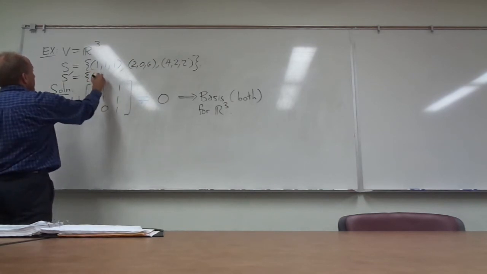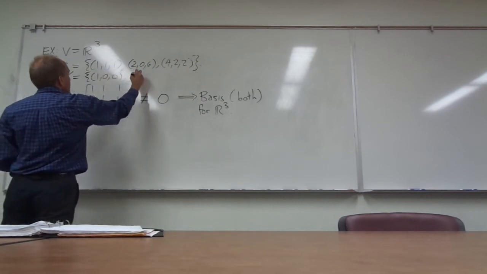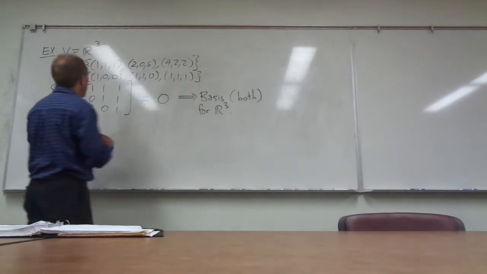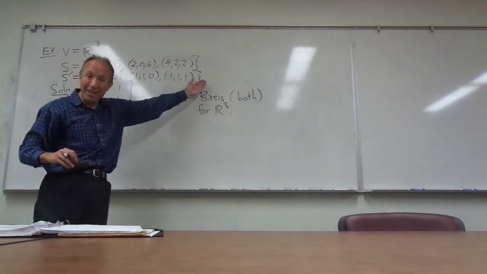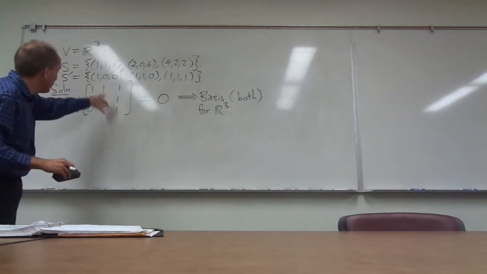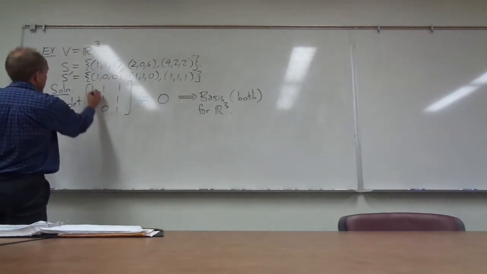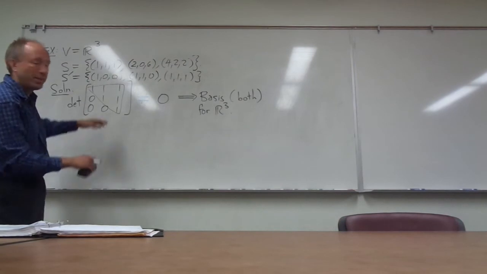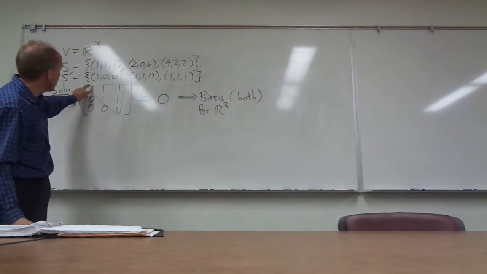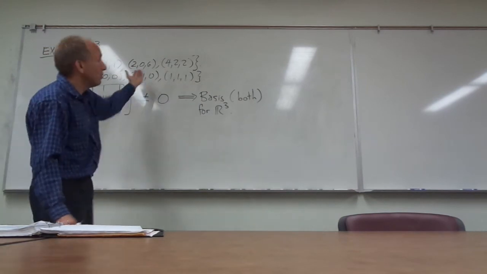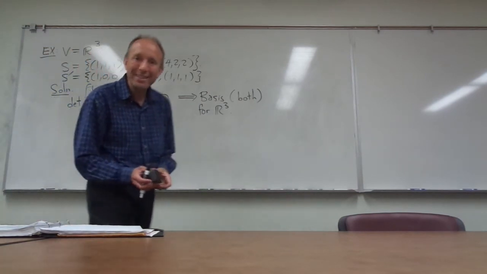Let me write those three vectors down. If those had been my three vectors in R3, I would lay them into the columns here, and I still have a non-zero determinant. This one is upper triangular, and the determinant of a triangular matrix is just 1 times 1 times 1 here. So this is also a basis for R3.